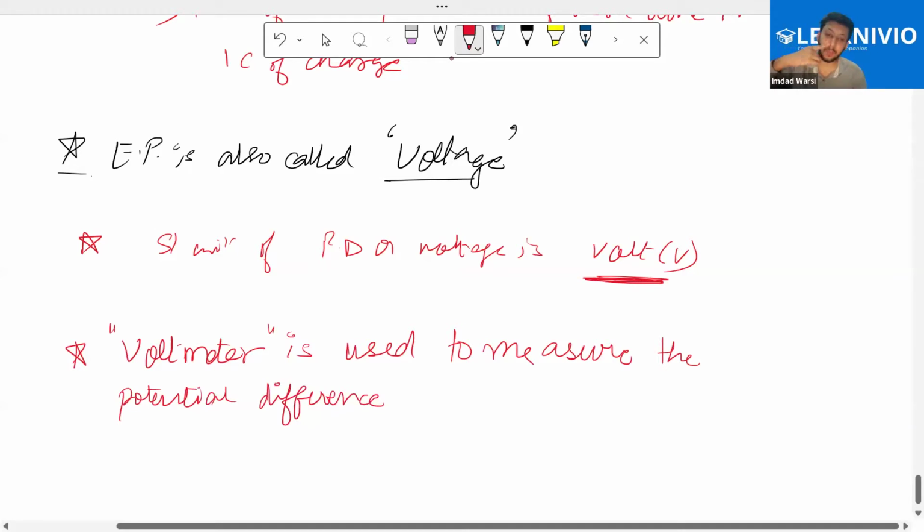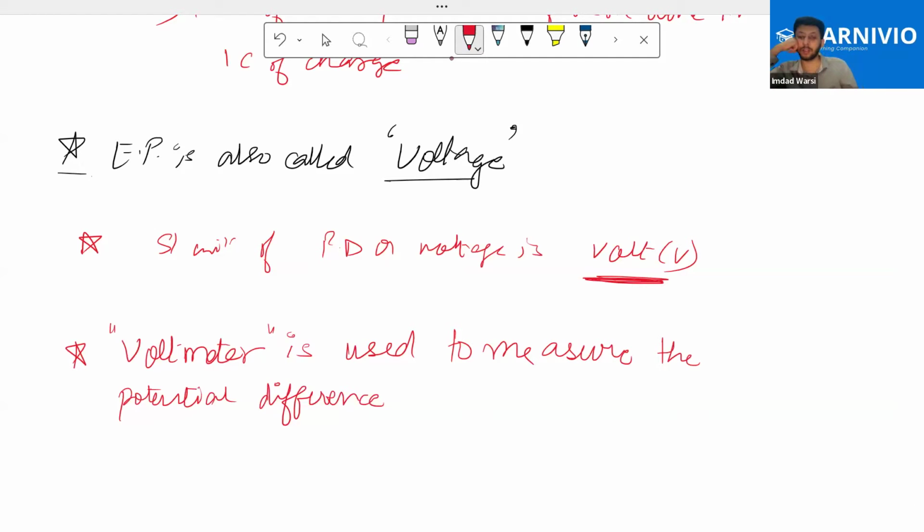Voltmeter is used to measure the potential difference across 2 points.